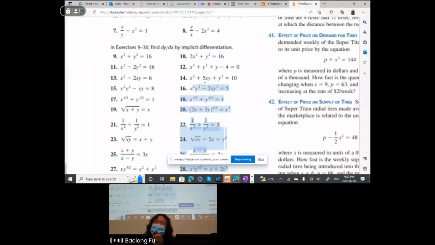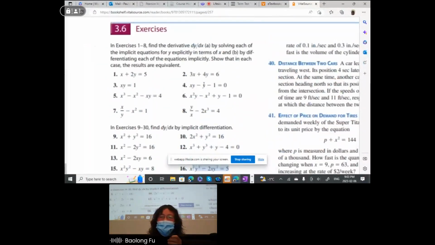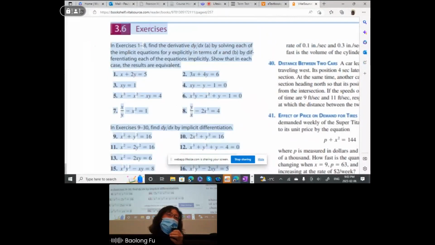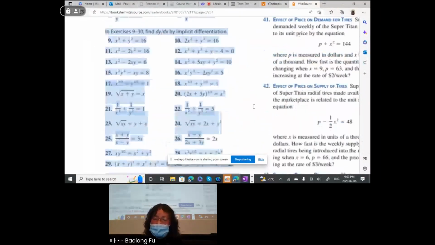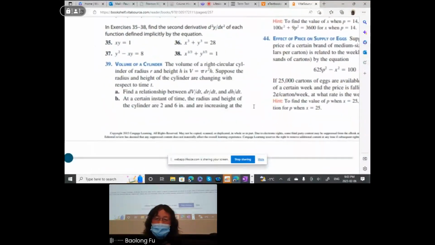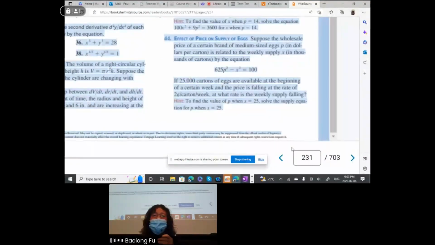Good luck on our test 1. Remember, go to the Mathematics Learning Center, okay? Let me check. It is section 3.6, page number 231. You are welcome.